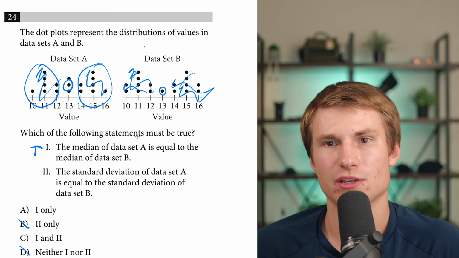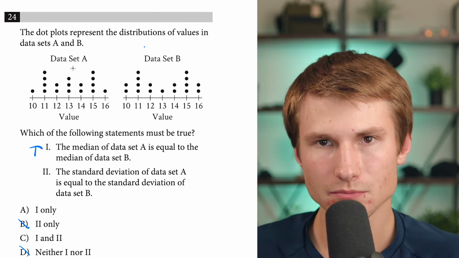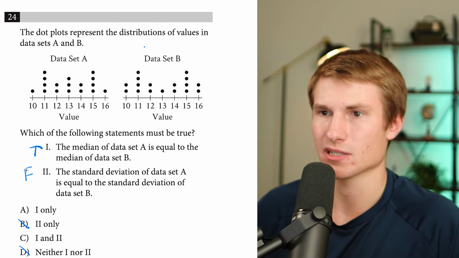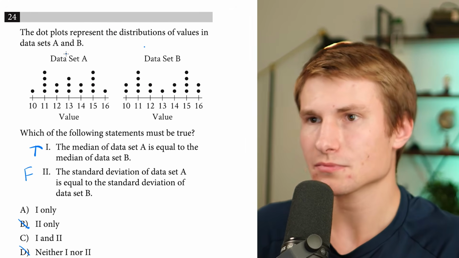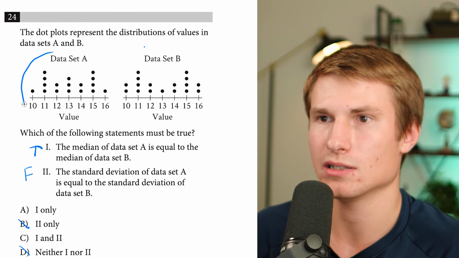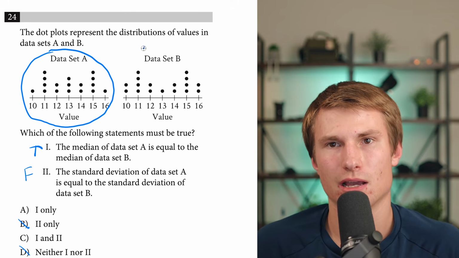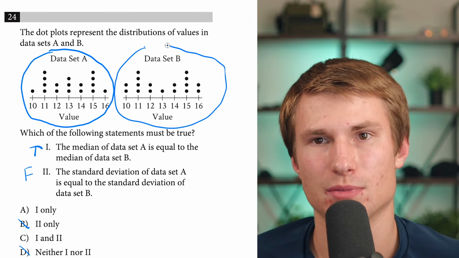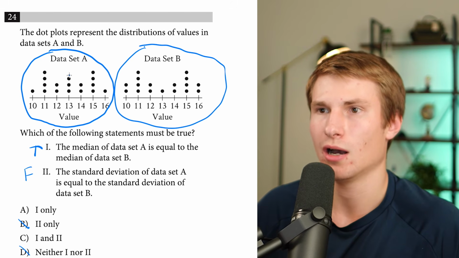Now, the standard deviation of data set A is equal to the standard deviation of data set B. I know that's going to be false, and I'll quickly explain why. If you take a look at these two, the standard deviation in data set A is going to be less than in data set B, because there are more values concentrated around the center.